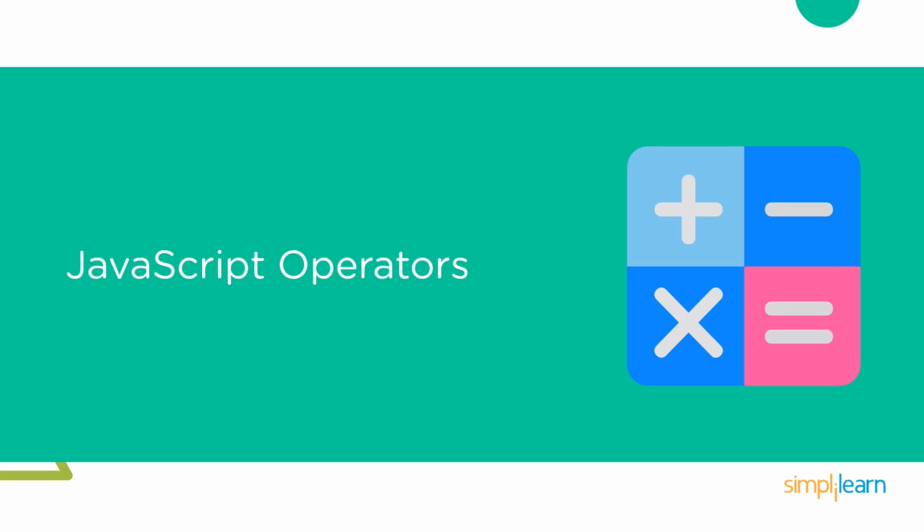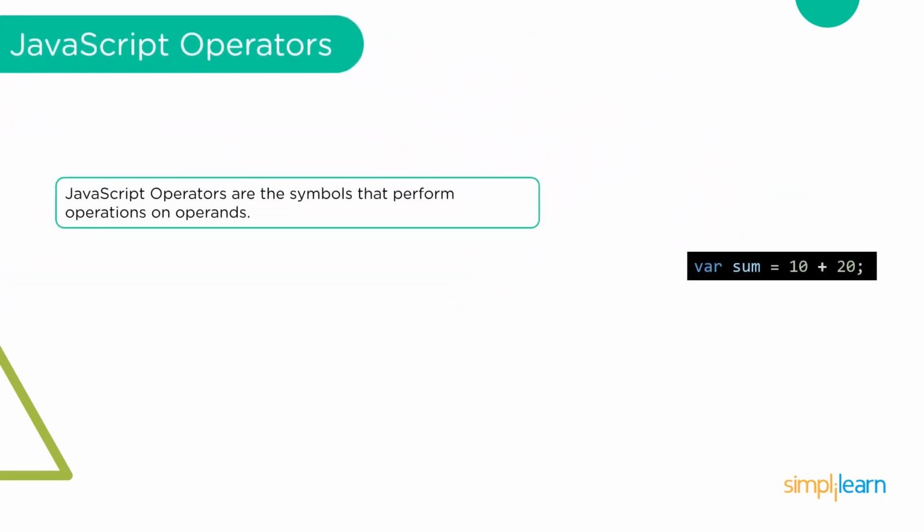Similar to variables, we also have some other options available, like JavaScript operators. Like other programming languages, JavaScript also has its operators, like addition, subtraction, multiplication. Such kinds of operators we can use in JavaScript itself.